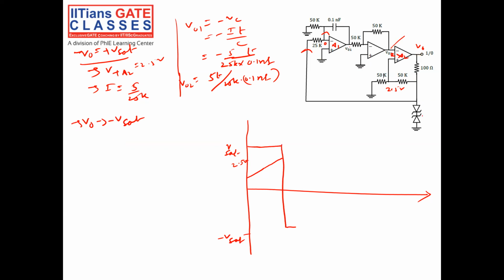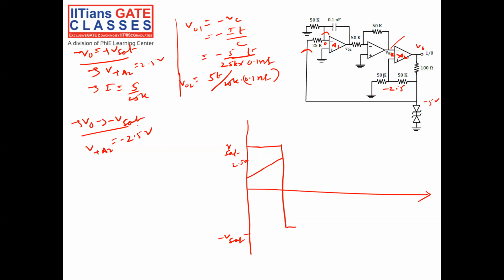Since minus 5 volt is here, this diode will be reverse biased, this diode will be forward biased, so I will get minus 5 volt here, and I will get minus 2.5 here. So V positive of A2 will be minus 2.5. When my V02 crosses 2.5 volt, my V output will go to minus V saturation, and V positive of the amplifier A2 will go to minus 2.5 volt.